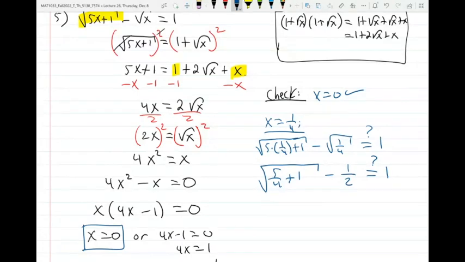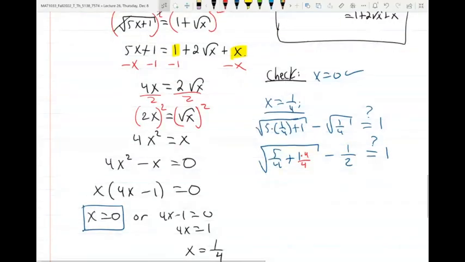And we're wondering, is this 1? Okay, so let's see, 5 over 4 plus 1. Remember, we need to have the same denominator. So this 1, I'm going to multiply top and bottom by 4. Okay, so I have a 4 over 4 now. And we can nicely combine because denominators are the same. So 5 plus 4 is 9.